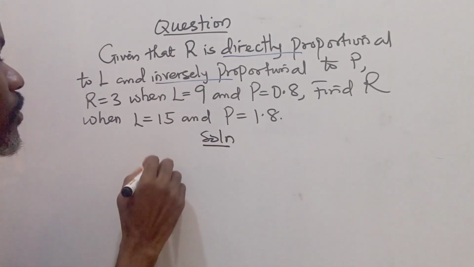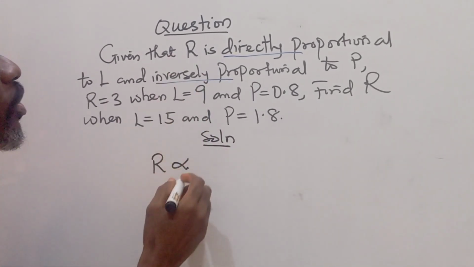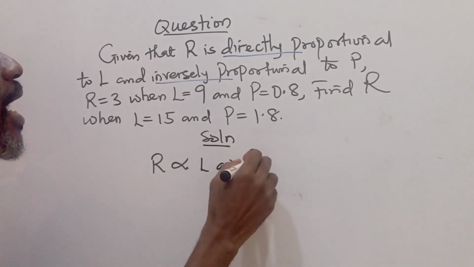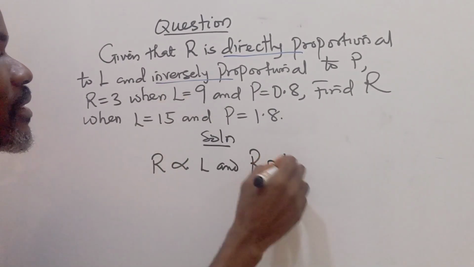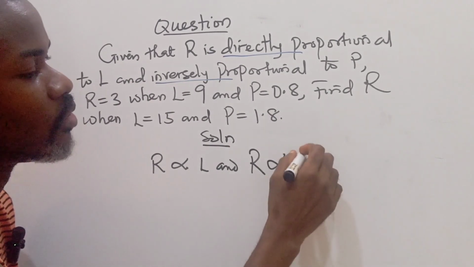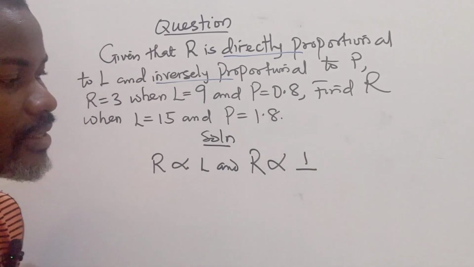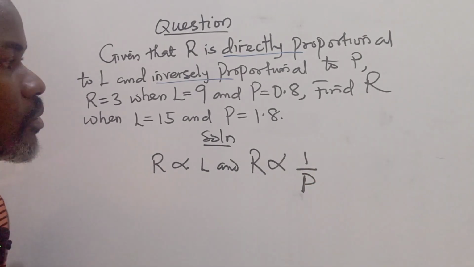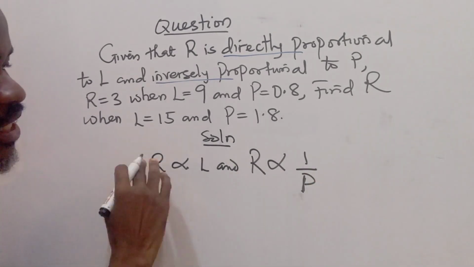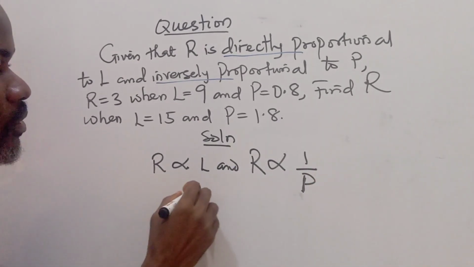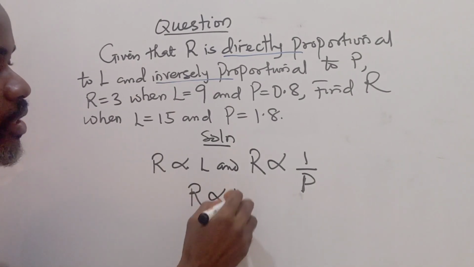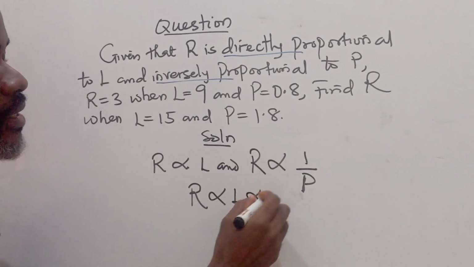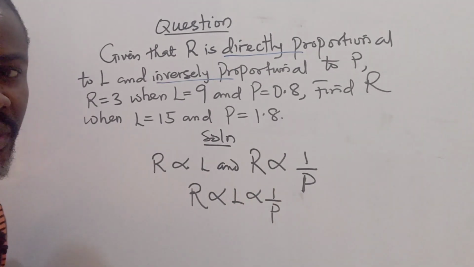R is directly proportional to L, and R is also inversely proportional to P. When we say inversely, you must write 1 over P. Alright, so we can merge these two. So R is directly proportional to L and inversely proportional to P.